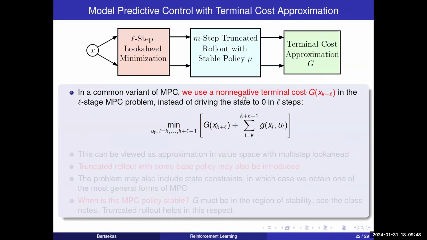In this particular variation of MPC, instead of driving the state to 0 in L steps from the current state, we use a terminal cost function approximation, G. So the problem that we solve is to minimize over the L steps the terminal cost plus the cost of the L stages, and get a sequence out of which you keep the first one and apply it and throw away the rest.